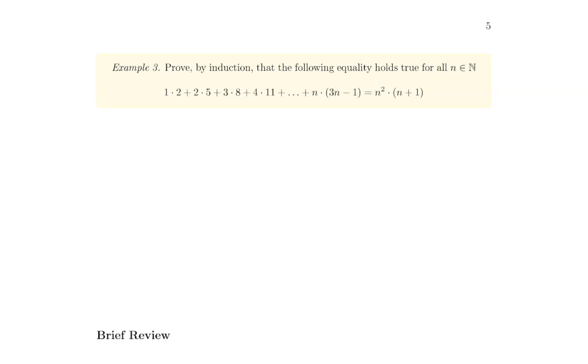If your base case is n equals 3, then what you proved is that it's true for all natural n greater than or equal to 3. But you will not get that for your test, okay?